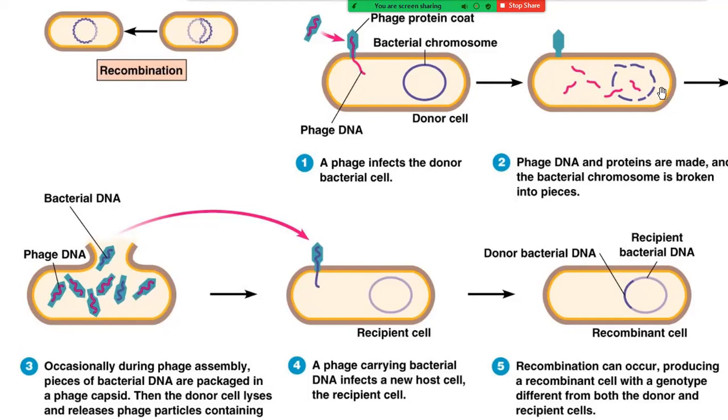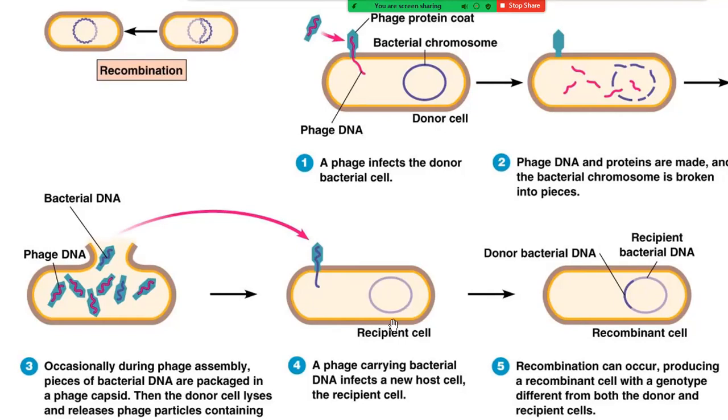It's actually DNA of this chromosome from the other cell. This DNA can then recombine with the host cell's chromosome, and then that DNA can be expressed. This can bring this cell new genes.